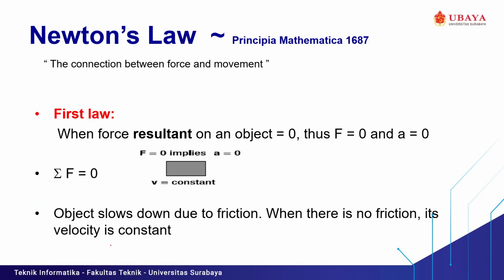Then we will go into the first law. The first law states that when the resultant force on any object is zero, we can imply that F is zero, therefore acceleration a is zero. When the sum of all forces applied on an object is zero, the acceleration is zero.